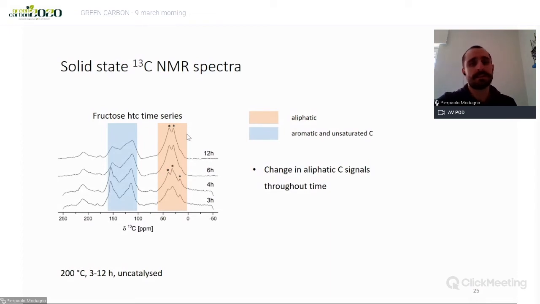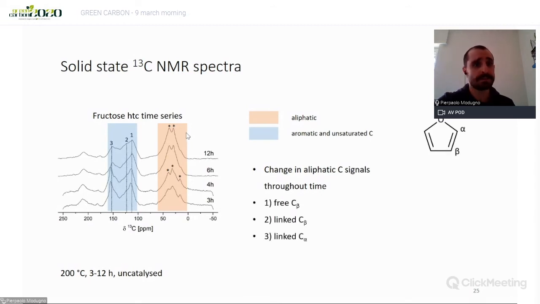So then there is the aromatic and unsaturated carbon area, in which we can distinguish 3 main peaks that can be identified as free carbon beta, linked carbon beta, and linked carbon alpha. This is relative to the structure of the furan, which is shown in the slide.